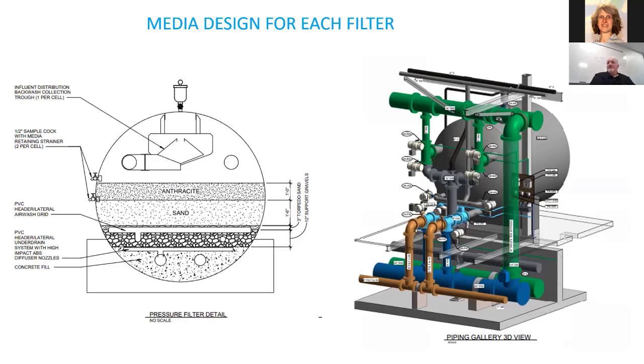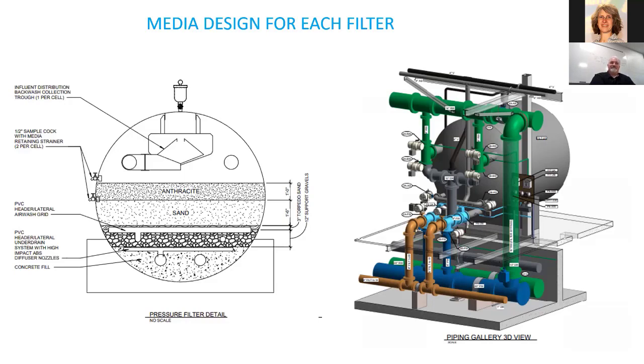So it's very similar to what we looked at with a gravity filter. It's the same thing that you're doing. You see the under drain there. Just as with a gravity filter, you're pumping water up through that filter, and you see you've got the backwash collection. Just as you're designing in the homework you're working on right now, you're designing your backwash trough.